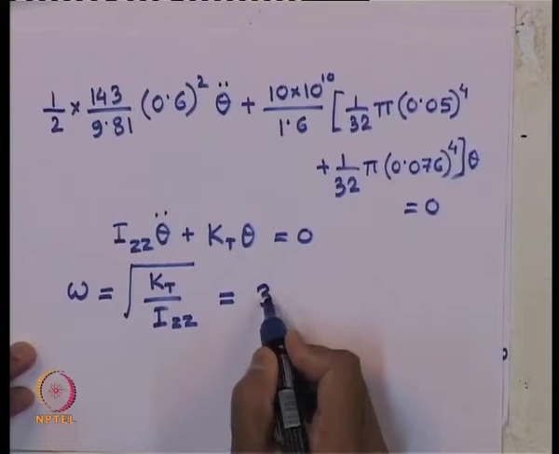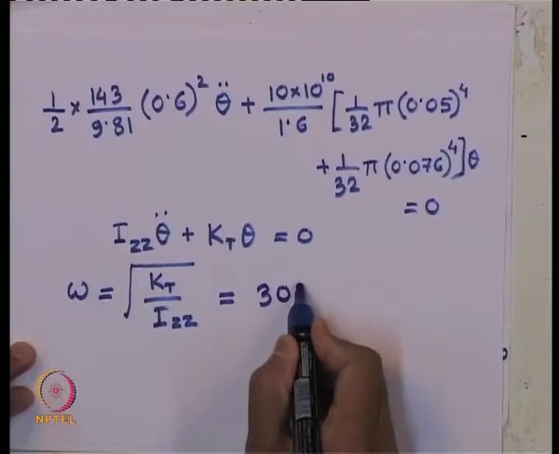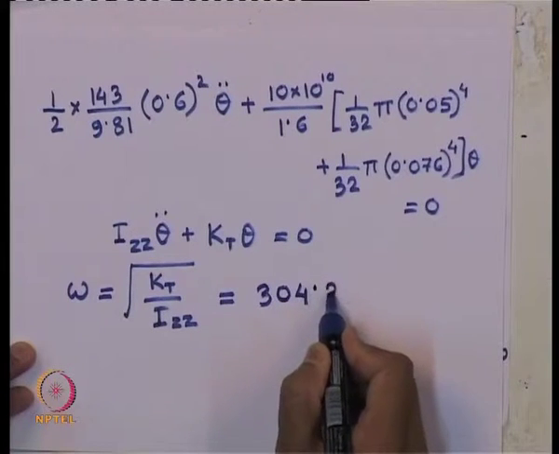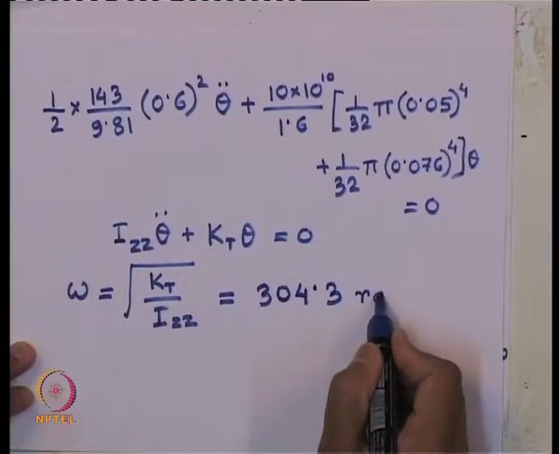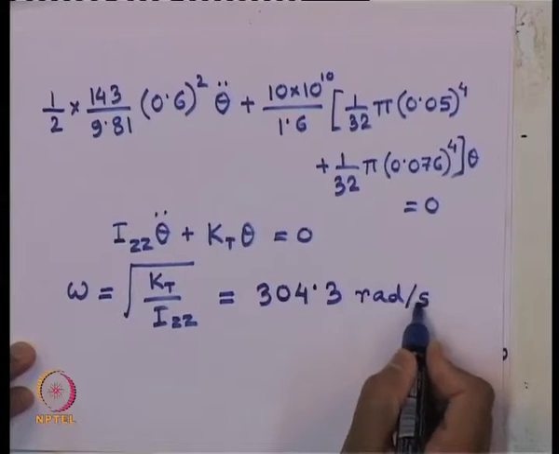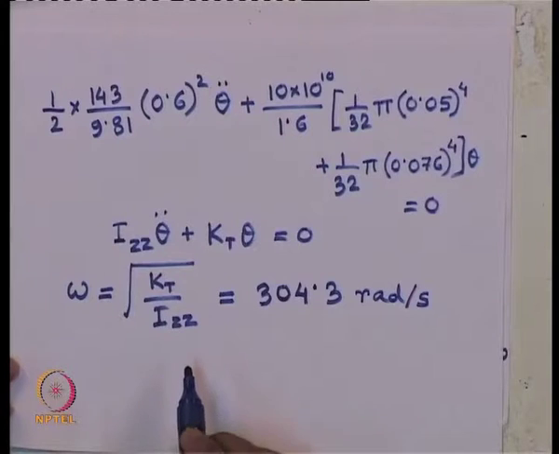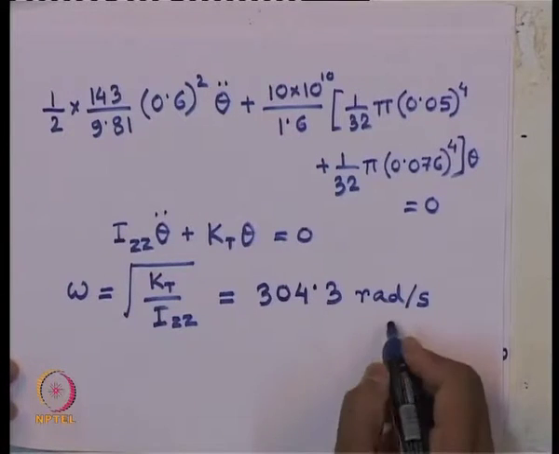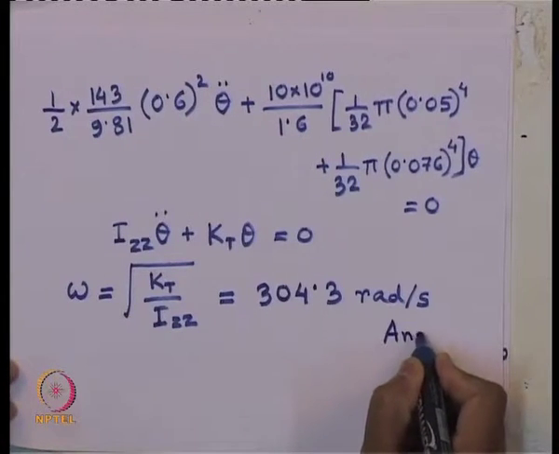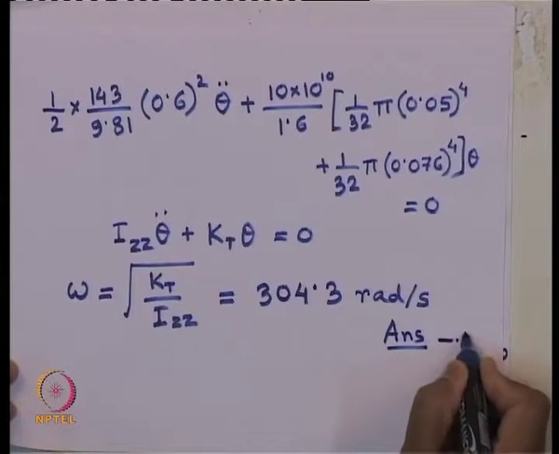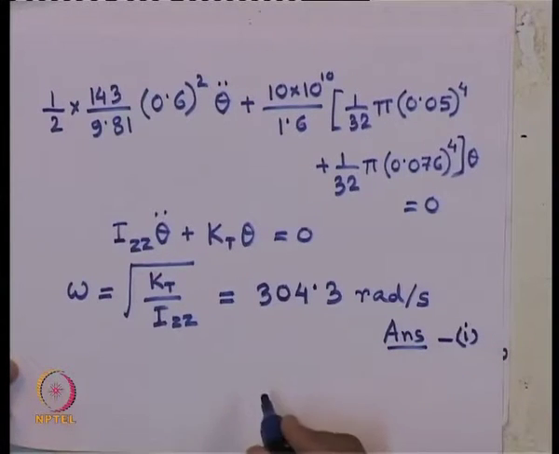After computation, it comes out to be 304.3 radian per second. That is what was asked, the natural frequency of the system. This is the answer of part 1 of the problem.